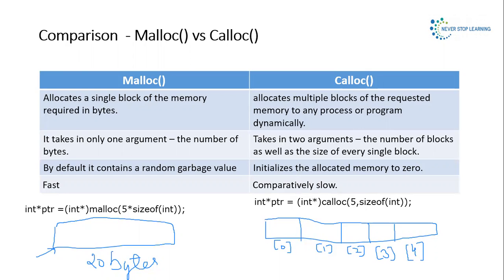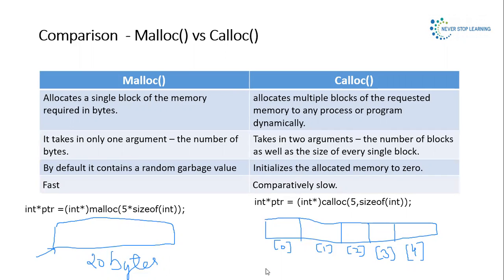Another important difference is that by default, malloc doesn't initialize anything; some random garbage values will be there for these 20 bytes. For this block, there will be some garbage random values. Whereas calloc initializes the allocated memory to 0.